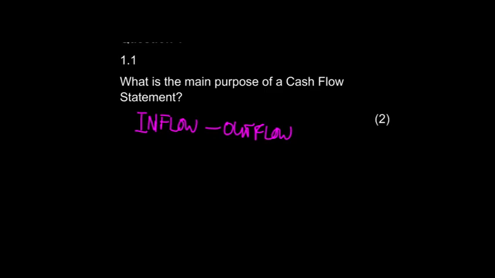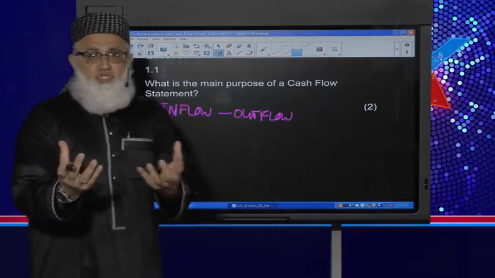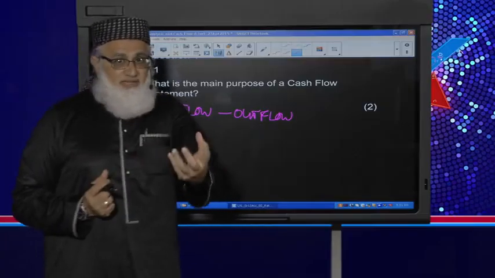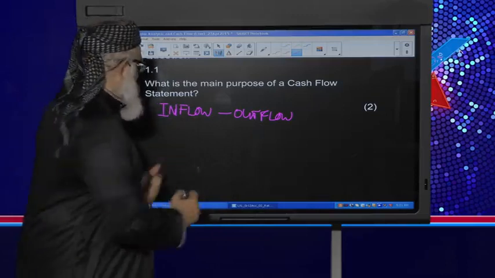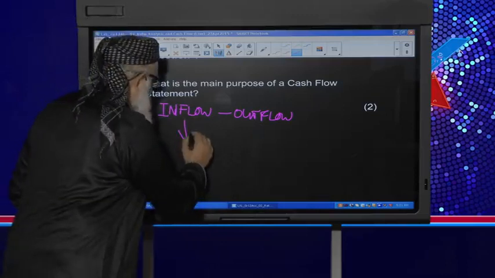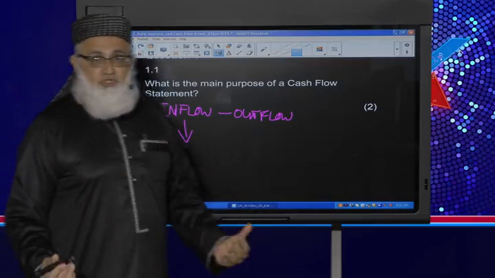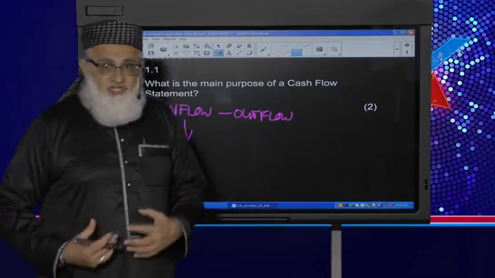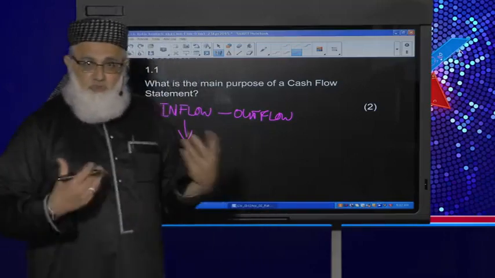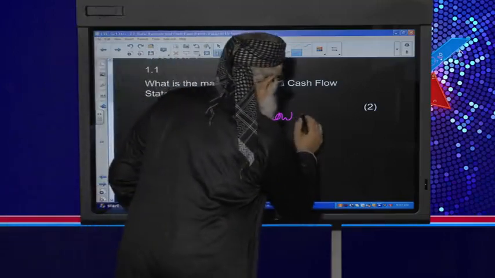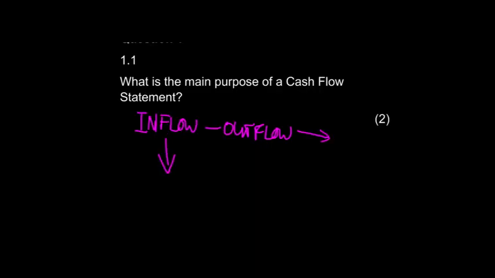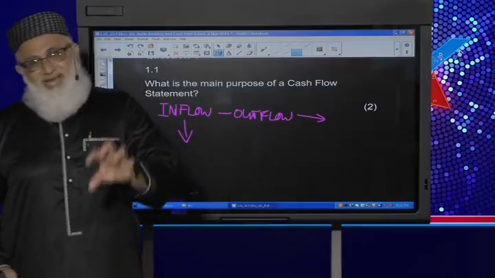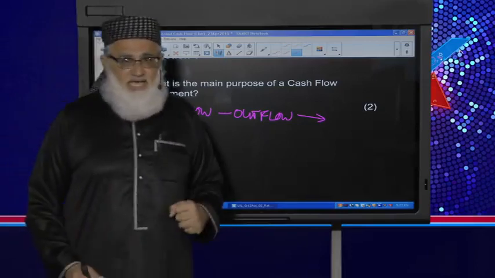Okay, so in other words, you want to know what were the sources of your cash, where did the cash come from, what was the inflow, so that's your source of cash. And number 2, you want to know where was your cash applied, where was your cash spent, how did you spend the cash? It's based on your outflow. So in this question, primarily we are checking to see, do you understand the reason behind a cash flow statement?